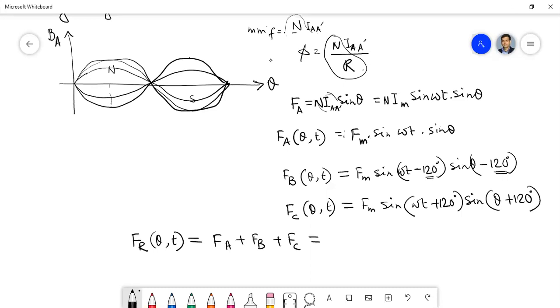And if you do that, what will you get? You will get 3 by 2 Fm, I think it will come cos theta minus omega t. So you get that. And this is called the rotating magnetic field.